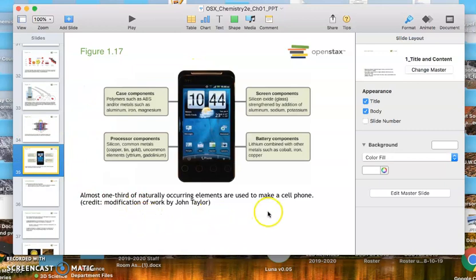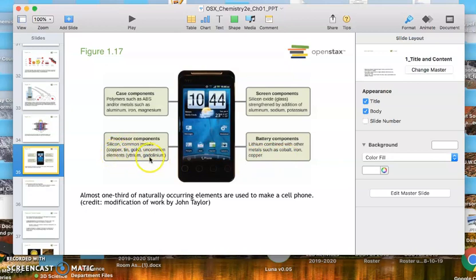Here's a picture of your cell phone, and it's showing you all the different types of elements that are used to create your cell phone, including gold. And you've probably heard of some people collecting old cell phones and trying to harvest the gold out of them. If you get enough cell phones together, you're able to actually recycle a lot of different metals that are precious metals or very expensive metals.